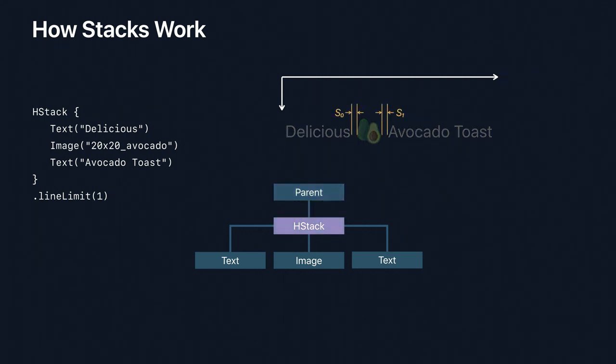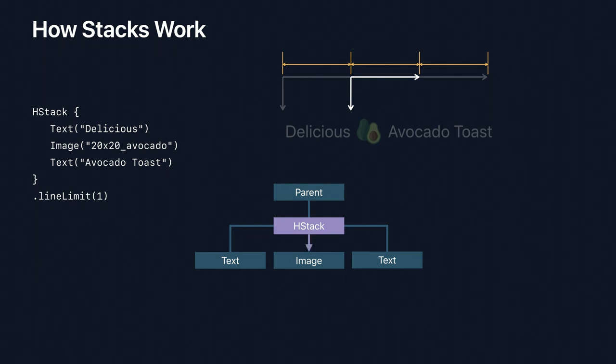So first, the stack figures out the internal spacing requirements and subtracts that from the proposed width to give us an amount of unallocated space. And now we have 3 children whose size we don't know. So we divide the remaining space in 3 equal parts.